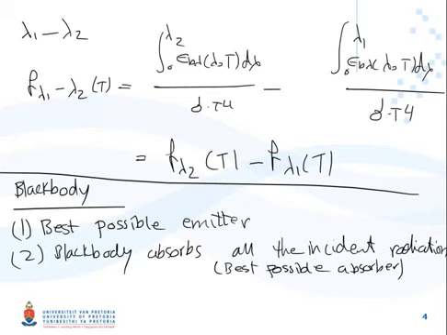We proved based on the concept of thermal equilibrium that for a blackbody to be the best possible emitter, it needs to be the best possible absorber as well, and vice versa. And we also proved that the blackbody is a diffuse emitter.